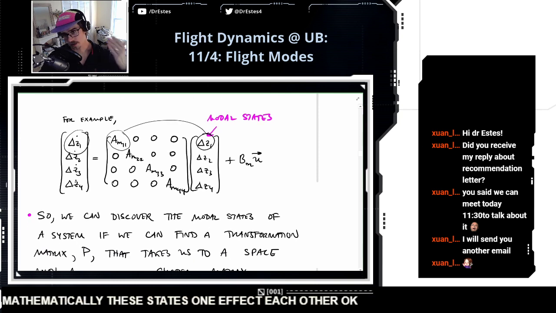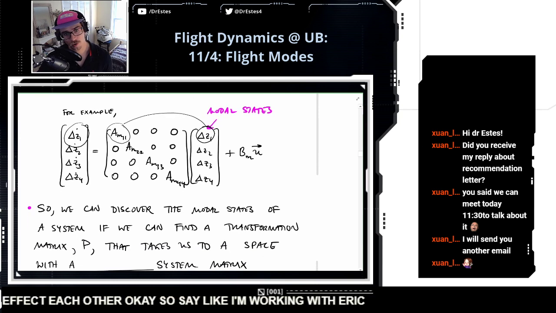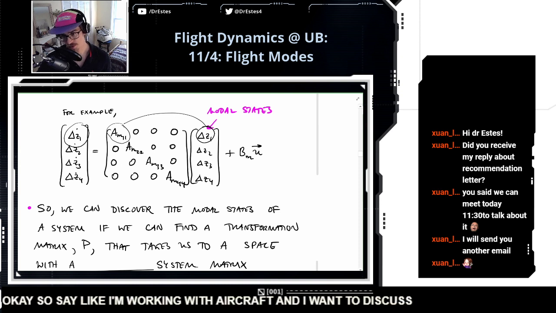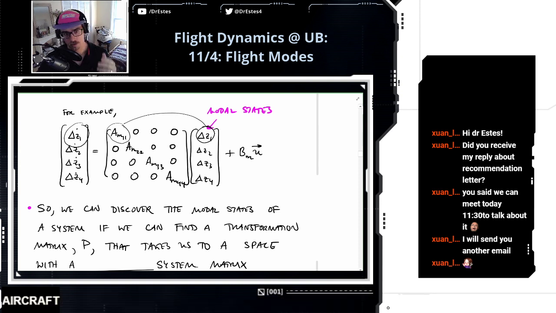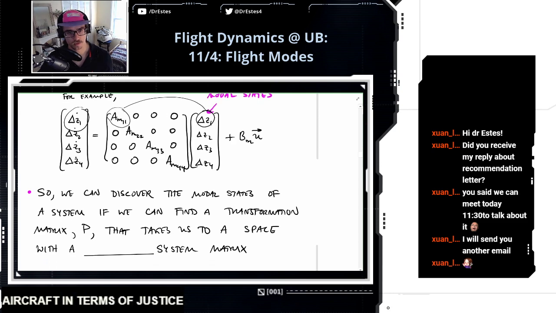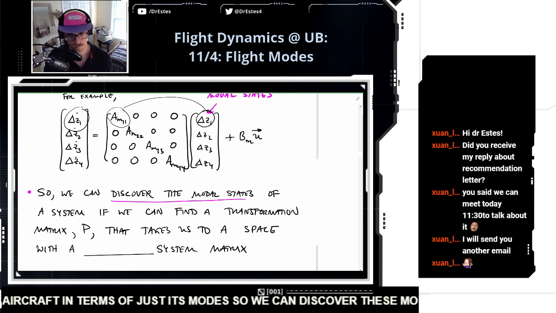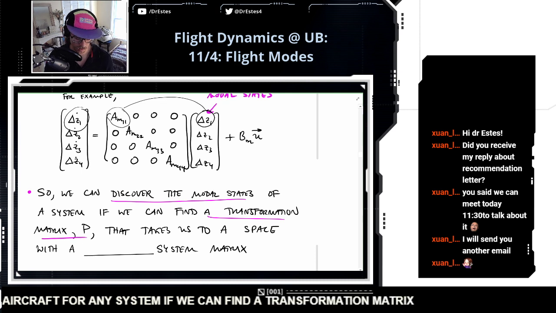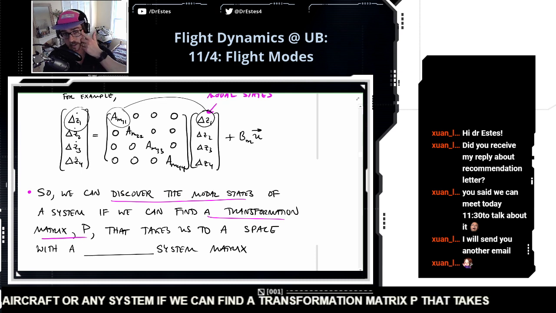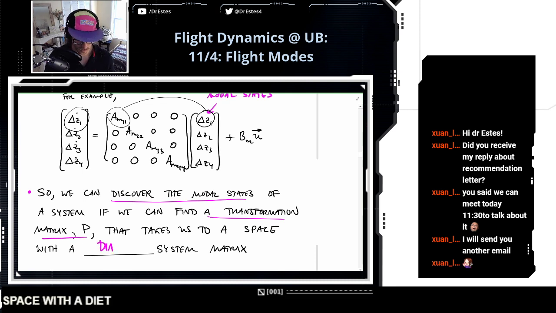Okay, so say I'm working with aircraft and I want to discover this special space, this way that I can look at an aircraft in terms of just its modes. We can discover these modal states for an aircraft or any system if we can find a transformation matrix P that takes us to this space with a diagonal system matrix.